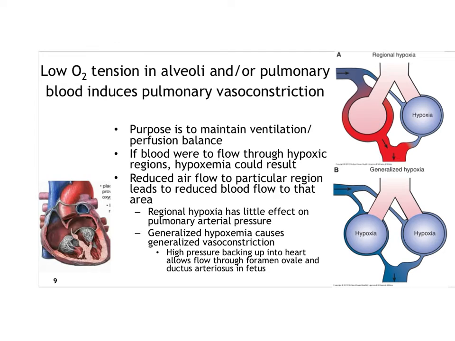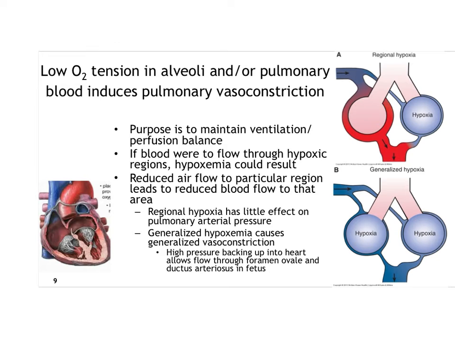He causes the situation such that if I don't have a lot of oxygen in there, I'm going to constrict those vessels going to it. I'm going to send that blood over to another alveoli that does have oxygen in it, because my total intent and purpose in respiration is to oxygenate the blood. So if I don't have a lot of oxygen in an alveoli, I will get vasoconstriction. You will get pulmonary vasoconstriction.